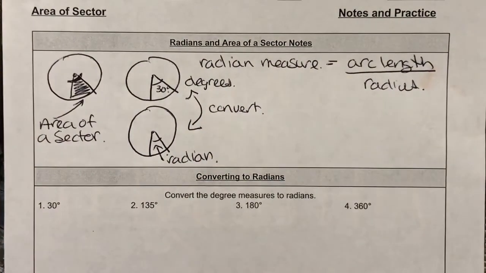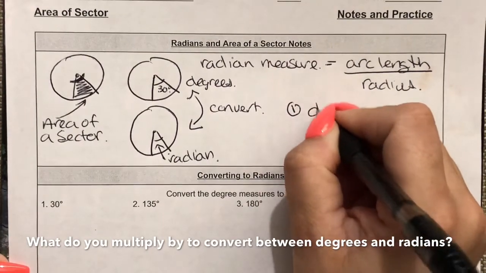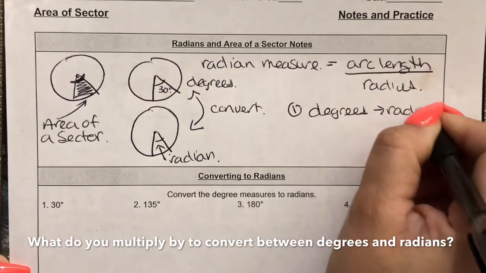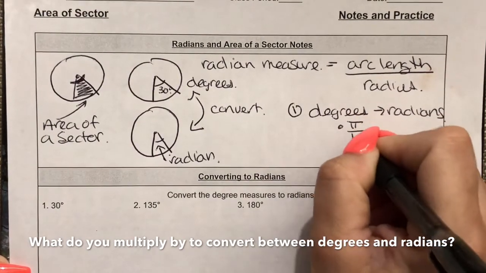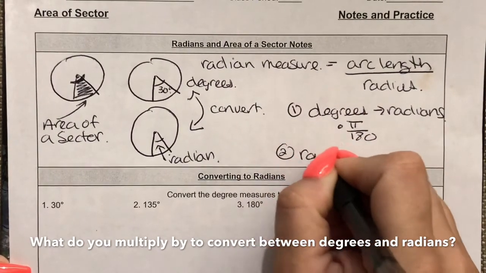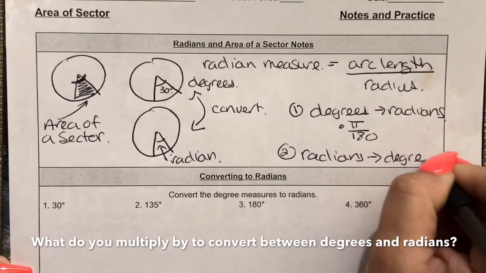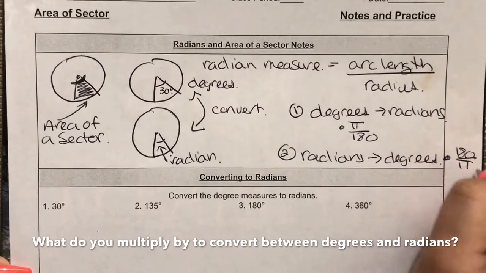And how will we do that? To go from degrees to radians, we're going to multiply by pi over 180. And to go from radians to degrees, we're going to multiply by 180 over pi.